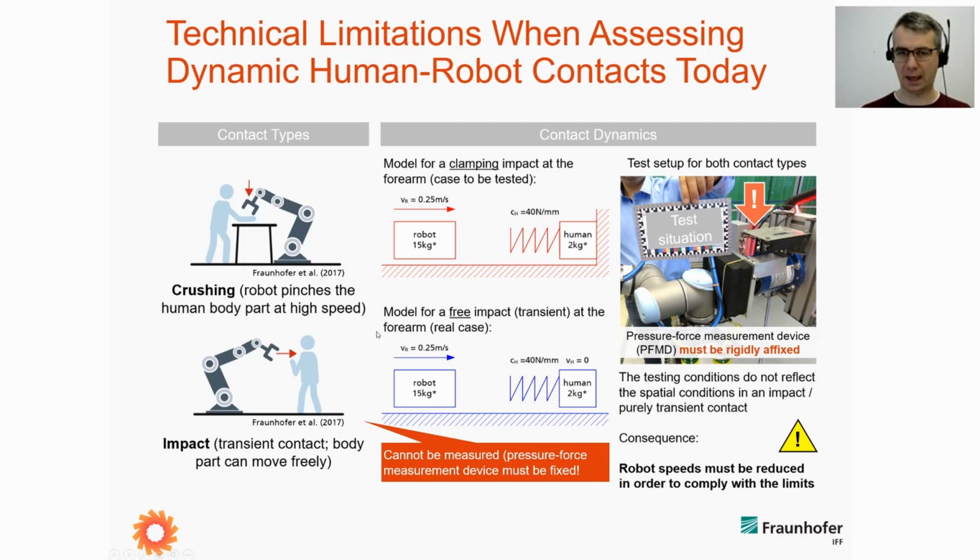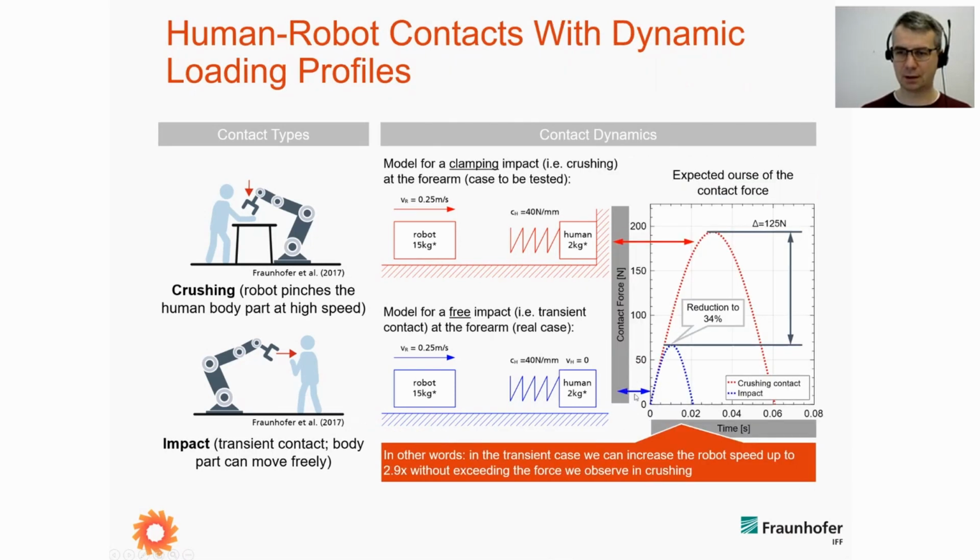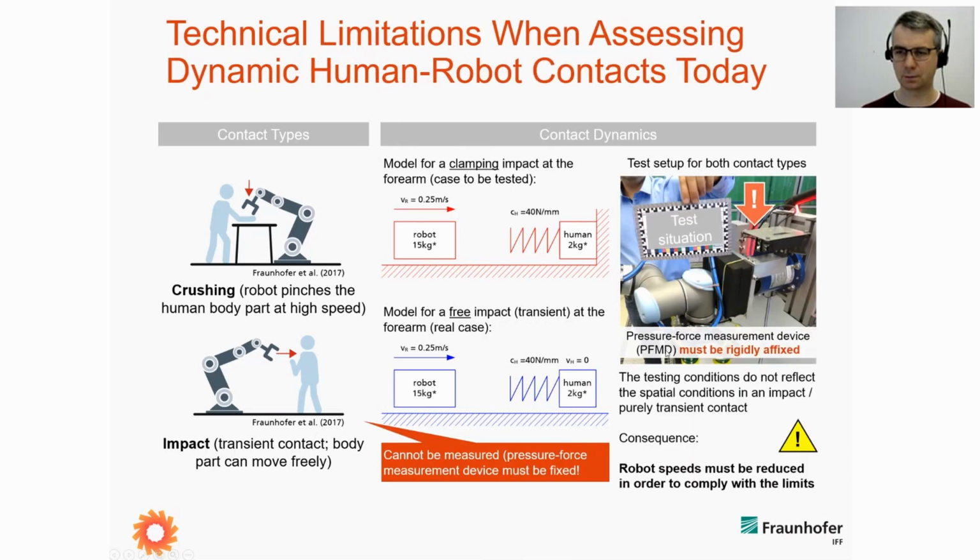Again, what we want to assess is impact, so transient contact, but what we can measure is only crushing. So the case where the body part is restricted in terms of its motion by an obstacle. The consequence, please keep in mind, is that we have a significant difference in the contact force and the speed.